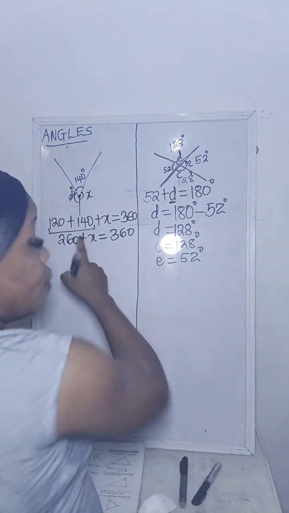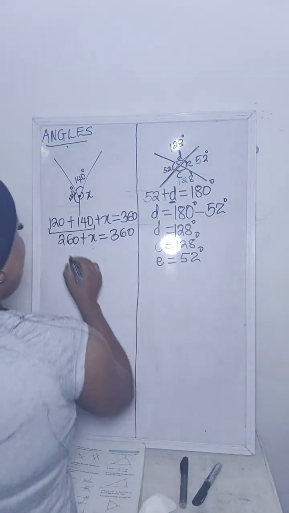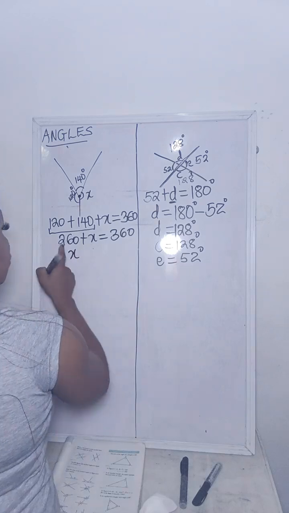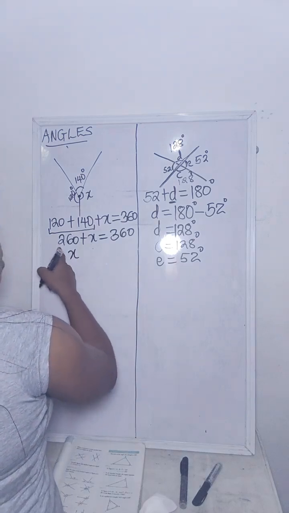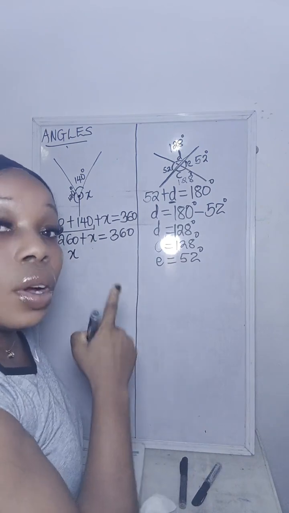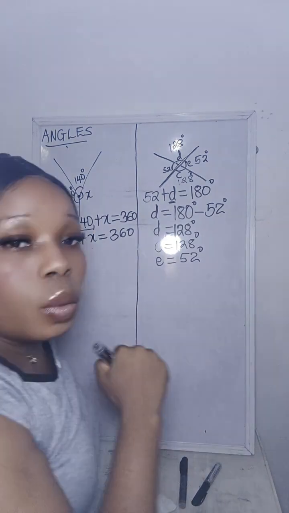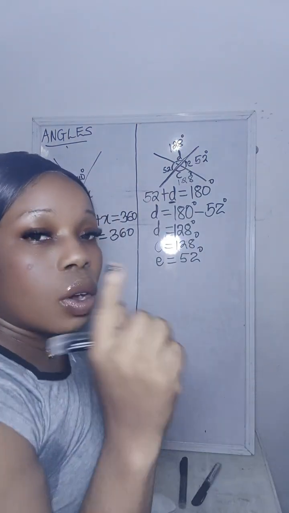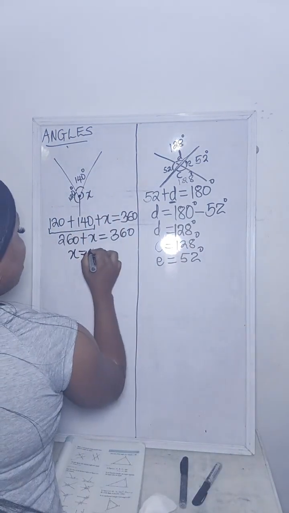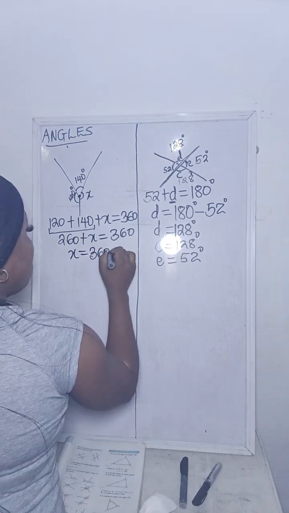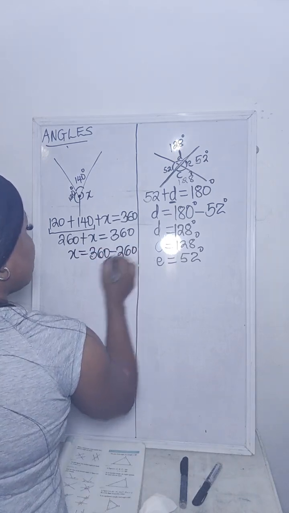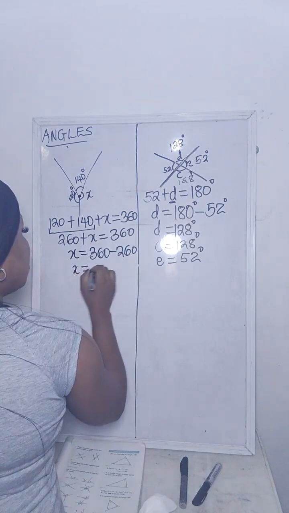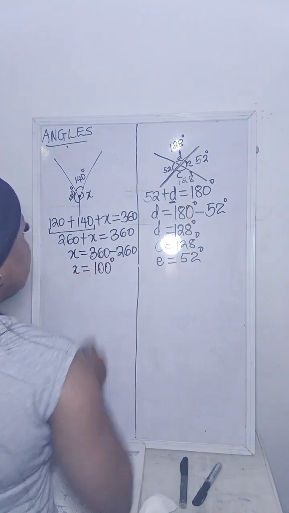To get our value for x, we need to move our 260 to the other side. Because 260 is positive, when it goes over to the other side, it becomes negative. So this would be 360 minus 260, and x would be 100 degrees.